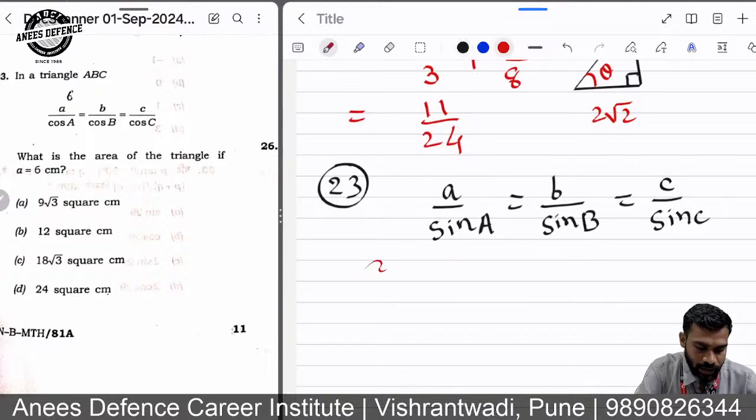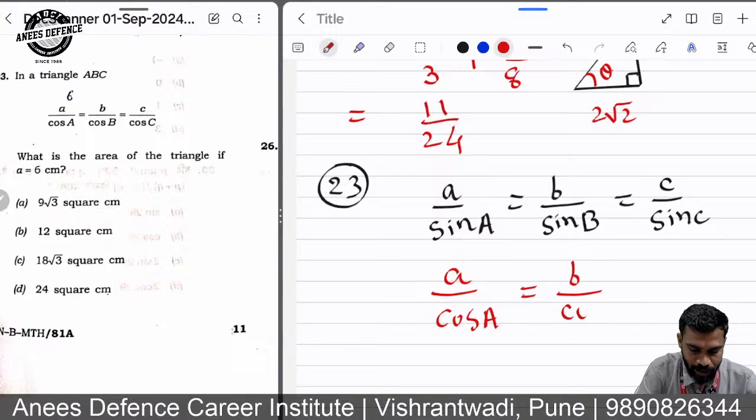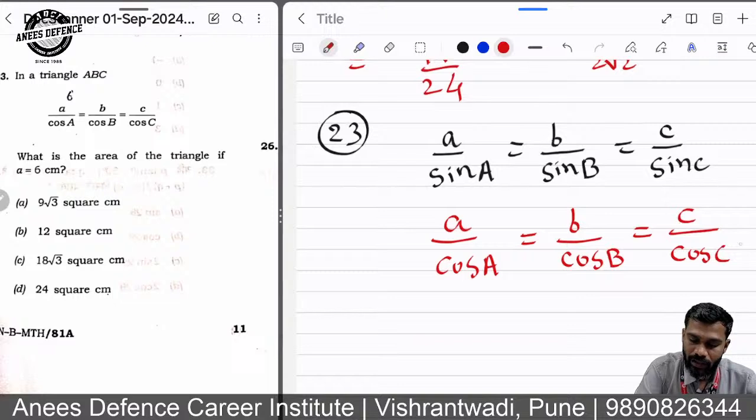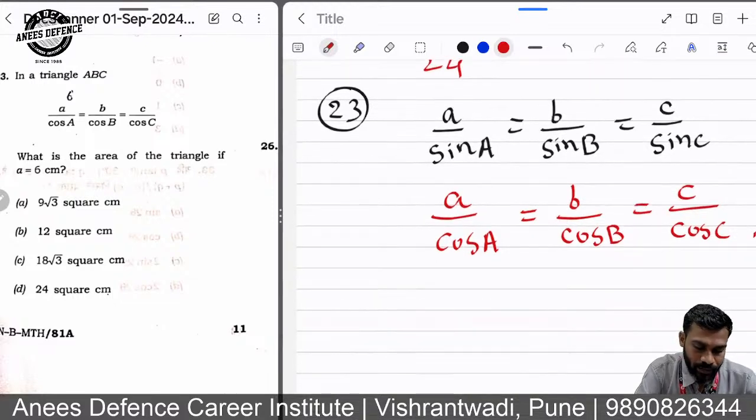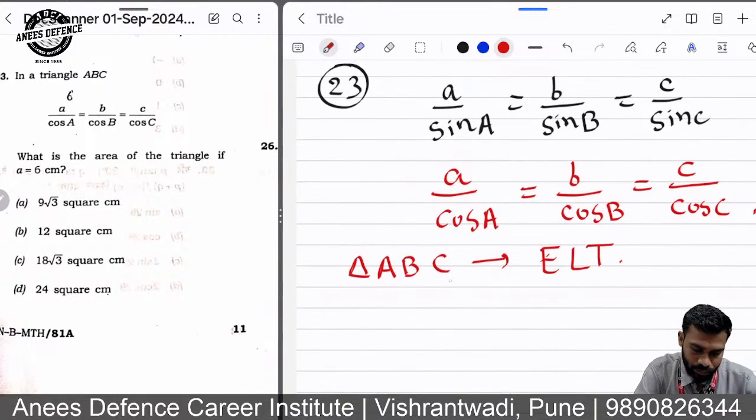But here it is given that a by cos A is equal to b by cos B is equal to c by cos C. It means triangle ABC is an equilateral triangle.